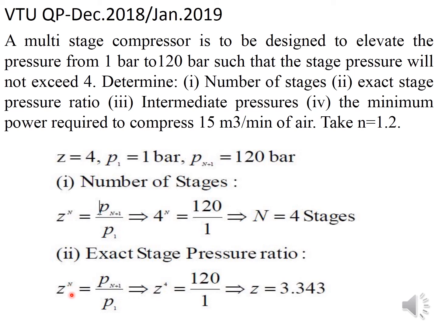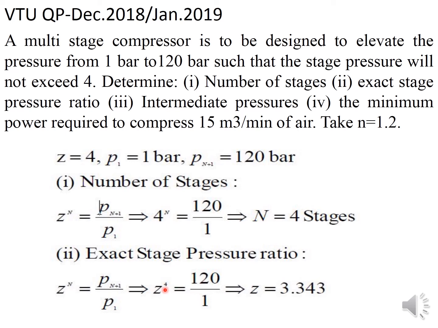Z raised to N is equal to P(N+1) divided by P1. So Z raised to N, the number of stages, how much? 4, already given. So P is how much? Last end pressure is 120, initial pressure is 1. So how to calculate the Z value now? You need to go for ln. So ln of Z raised to 4 is equal to ln 120.